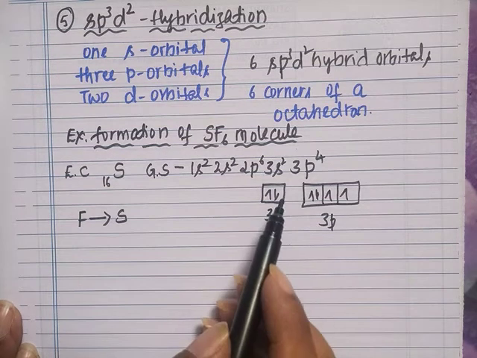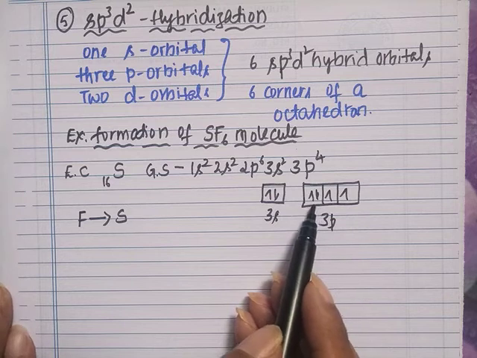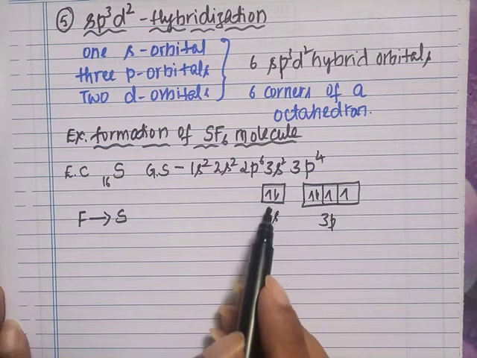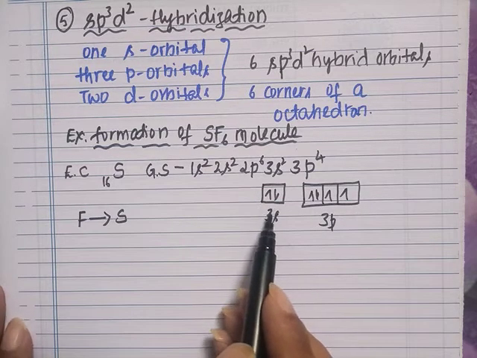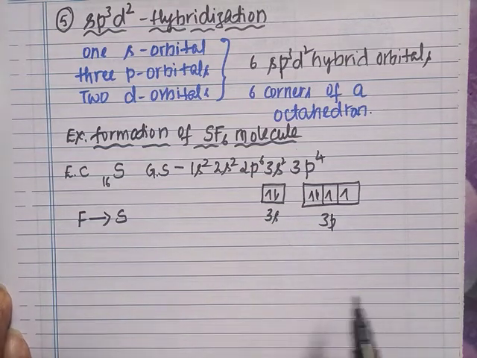First the electron from the 3p orbitals will get promoted into the vacant d orbital, and again the electron from the 3s orbital will get promoted into the second vacant d orbital.